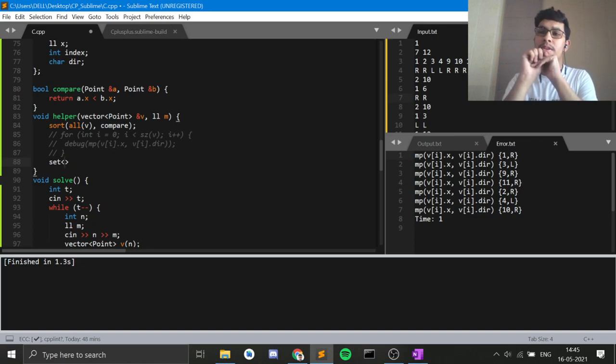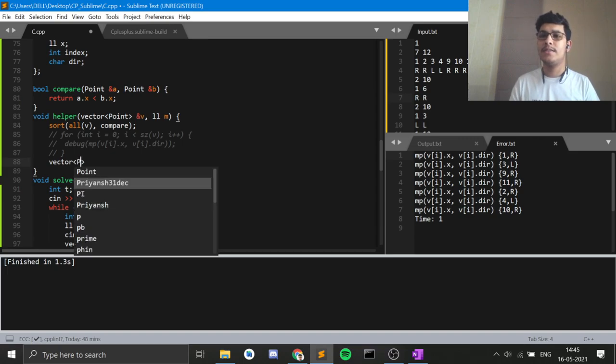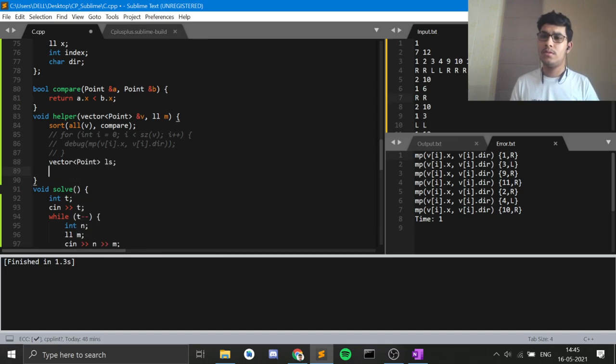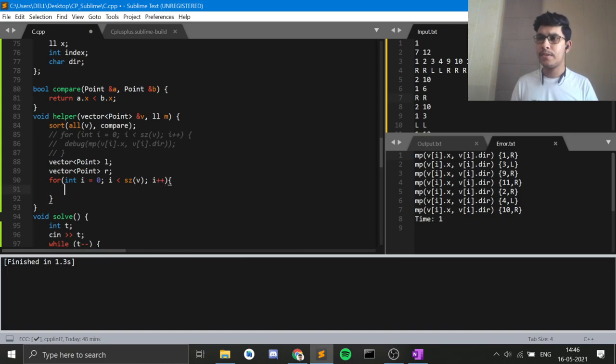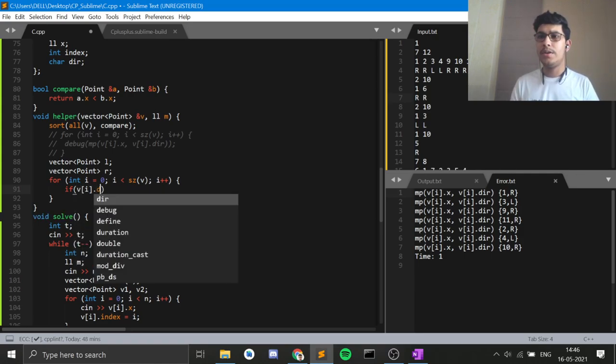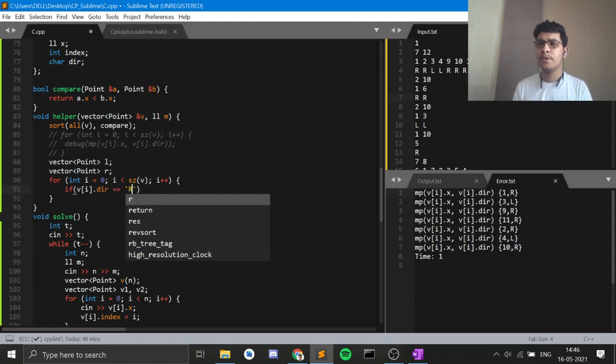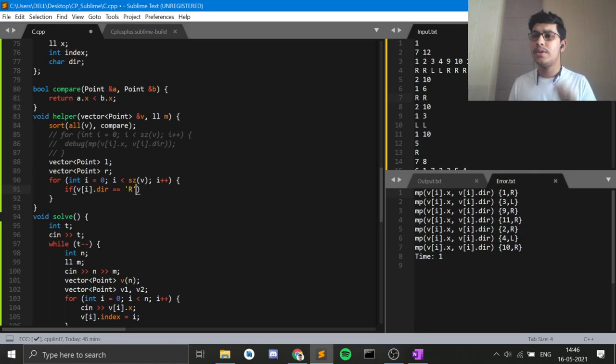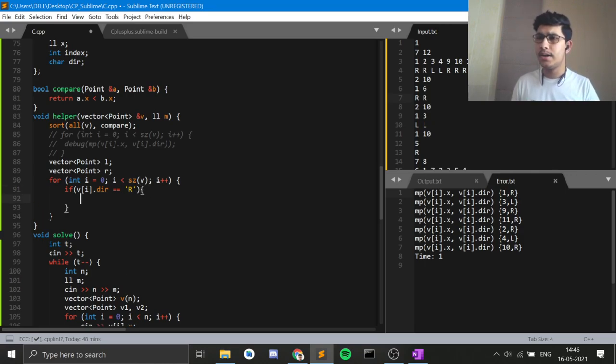Okay, how will I store them in a set now? In fact, I don't need a set, I can just create vectors. So if b at I dot direction equals to R, so that means it is going towards the right, then we can just insert it and continue.